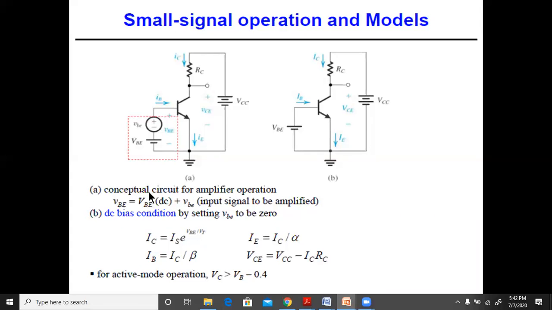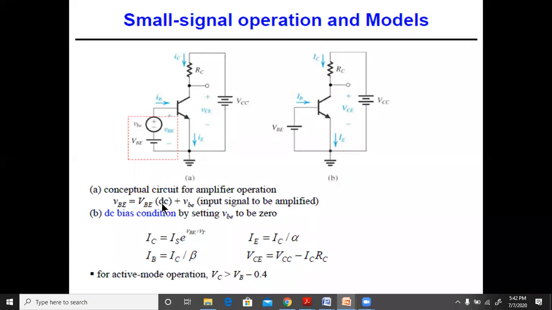And this DC, what is the purpose of the DC? The purpose of the DC is to bias the transistor properly so that we fix the quiescent operating point. Quiescent term is used to consider that we don't have any input signal. Whenever no input signal is there, then that value becomes the quiescent value.